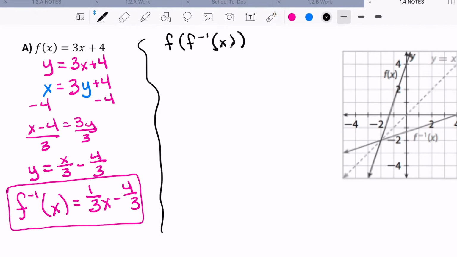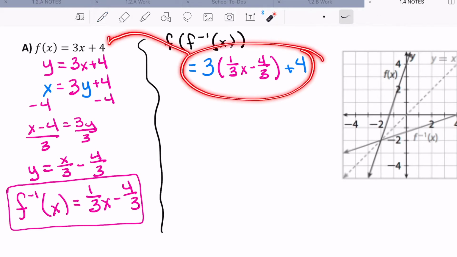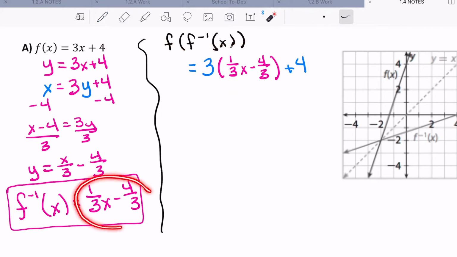So, the original function says 3x, so I'm plugging in the inverse, plus 4, right? This equation is the original function with the inverse function substituted in for x.